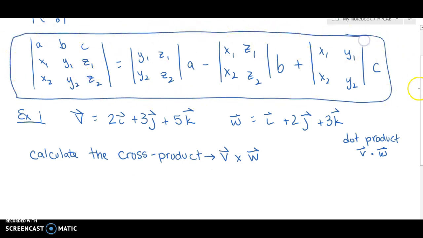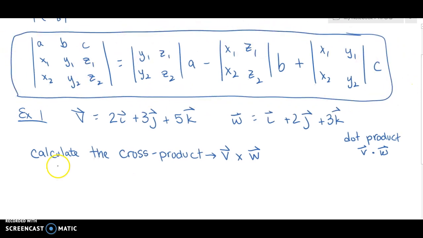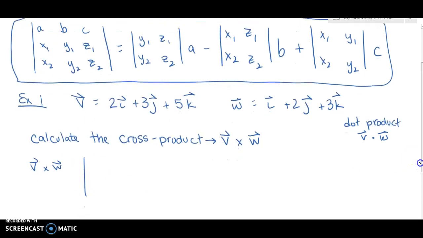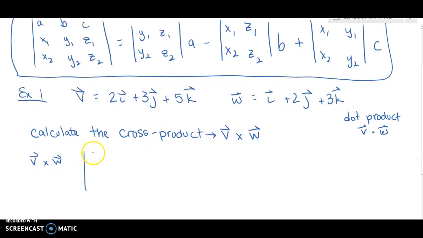So when we do the cross product of V and W, we're going to make a 3 by 3 determinant. Instead of A, B, and C going across, we're going to do I, J, and K. And then we're going to put vector V across the next row, and W will go along the last row.